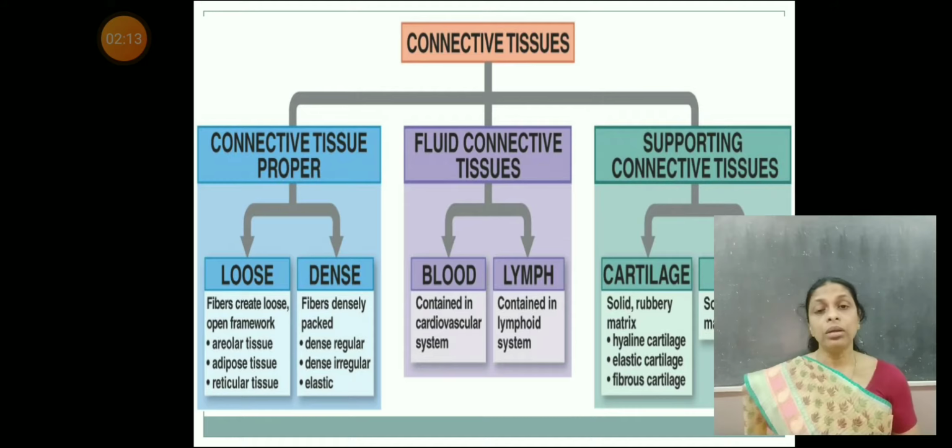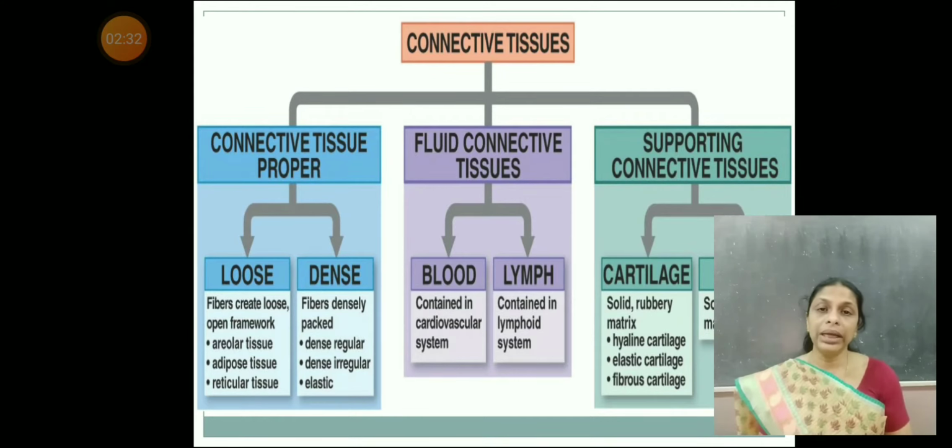The second one, fluid connective tissue. And the third one, supportive or supporting connective tissue, also known as skeletal tissue. So connective tissues can be broadly classified into three types: connective tissue proper, fluid connective tissue and supporting connective tissue, also known as skeletal tissue.